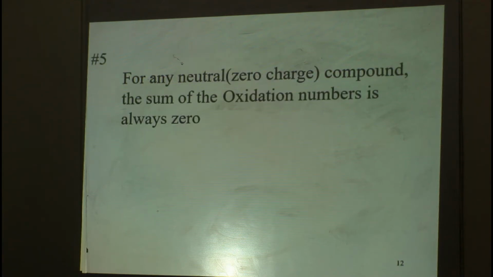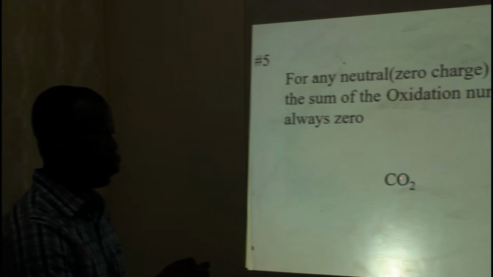Again, for any neutral compound, the sum of the oxidation numbers is always 0. Let's look at this: carbon dioxide. We have already been told that oxygen is always -2. So how do we determine the oxidation number of carbon?